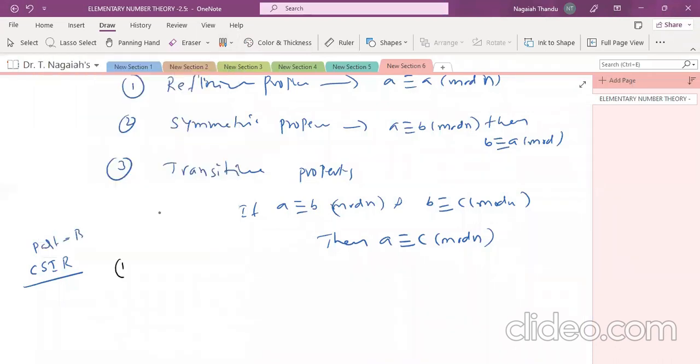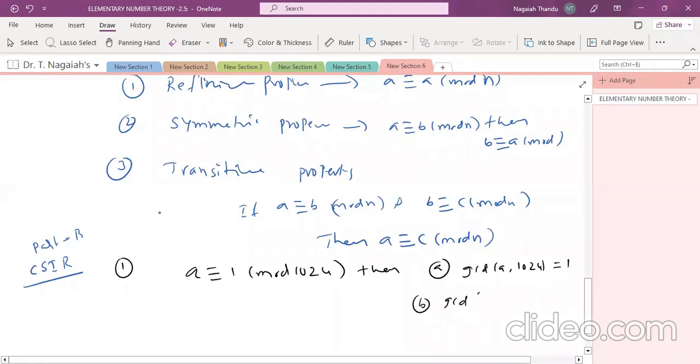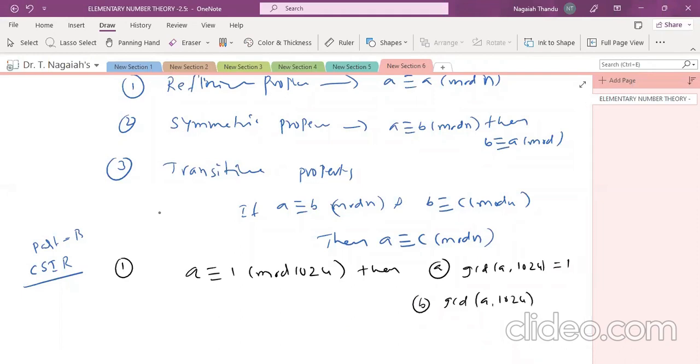My question is a very simple question. a is congruent to 1 modulo 1024 is given, and then 4 options are given. The first option is GCD of a, 1024 is equal to 1. The second is GCD of a, 1024 is not equal to 1.